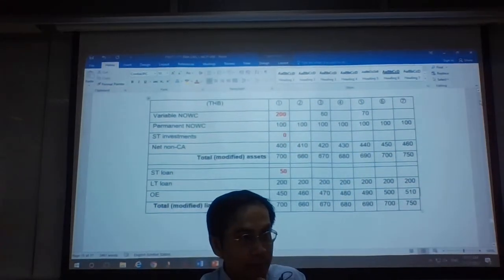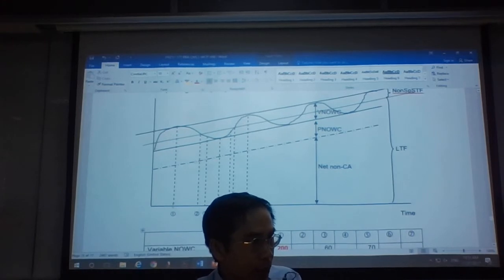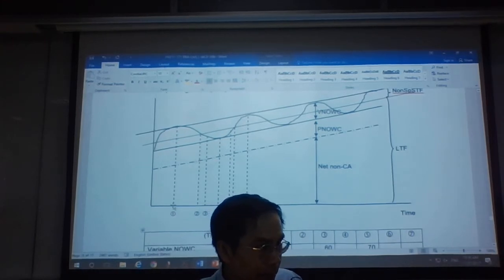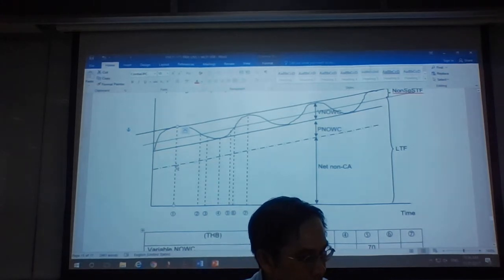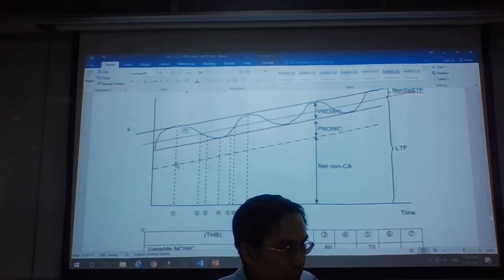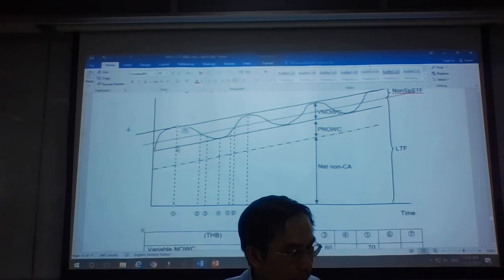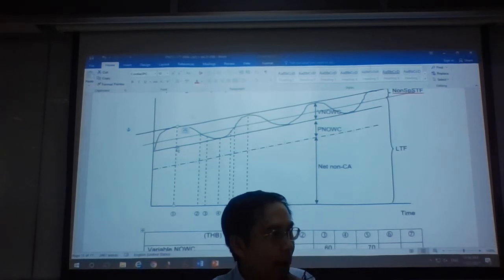That is, you can see from the diagram that from the x-axis here up to this point, this is your net non-current asset, right? And the number is 400 baht. From this point to this point, this is your permanent net operating working capital. According to the number in the table, this is equal to 100 baht.